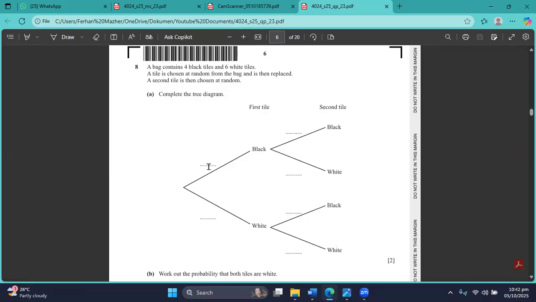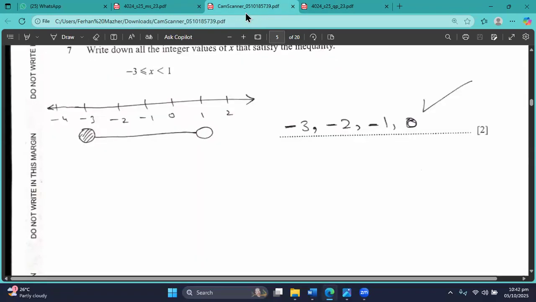So this black will be 4 by 10, and this white will be 6 by 10. And this black will be 4 by 10 because they put the tiles back. Okay. And this will be 6 by 10, 4 by 10, 6 by 10. Let me show you. I have done this.